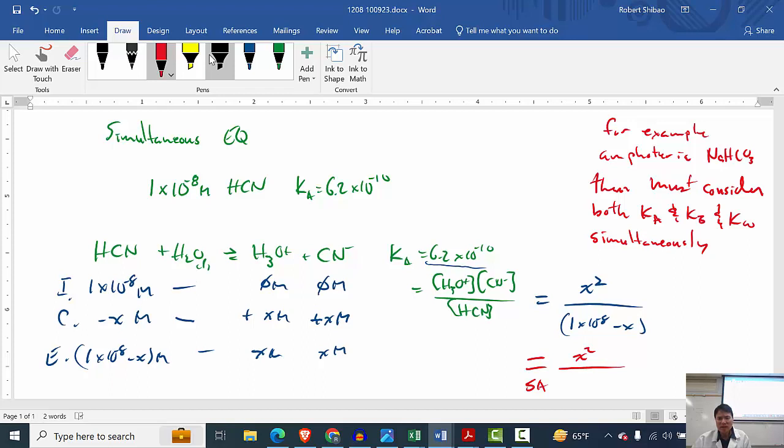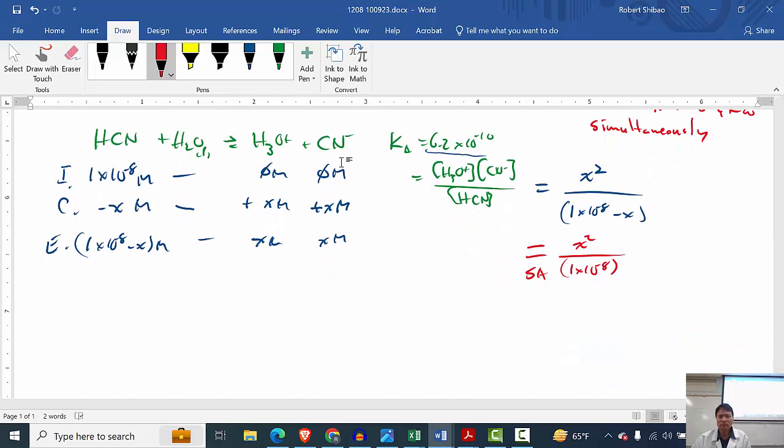But 1 times 10 to the minus 8 minus X should simplify into 1 times 10 to the minus 8. Okay, and then solve for X. X is going to equal 6.2 times 10 to the minus 10 times 1 times 10 to the minus 8, and then take the square root of that answer.